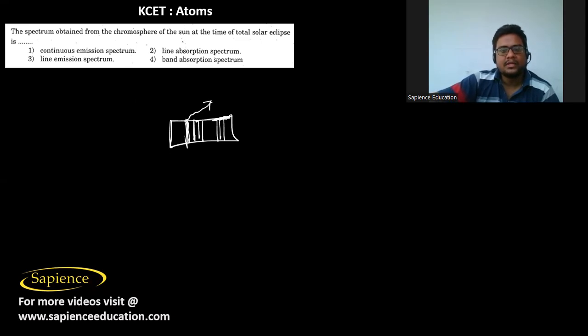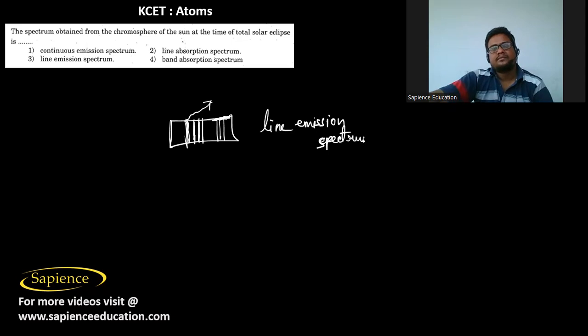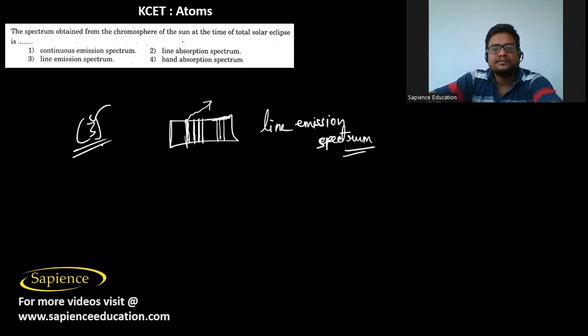So in the emission spectrum, we will have only some fixed frequencies. So it will be line emission spectrum. So it means option 3 is the correct answer.